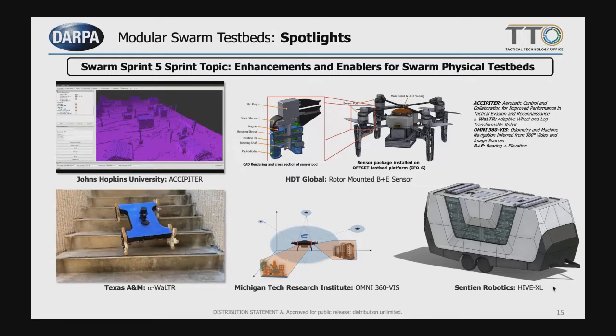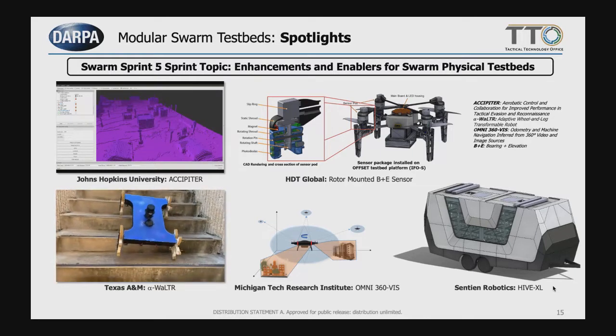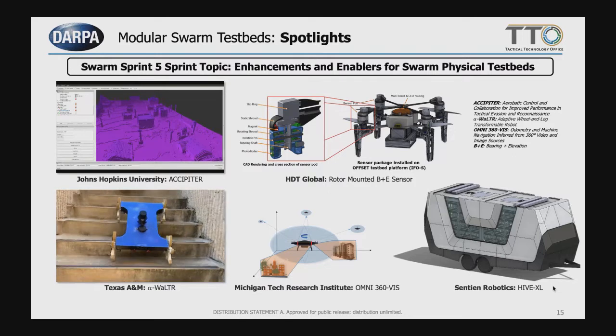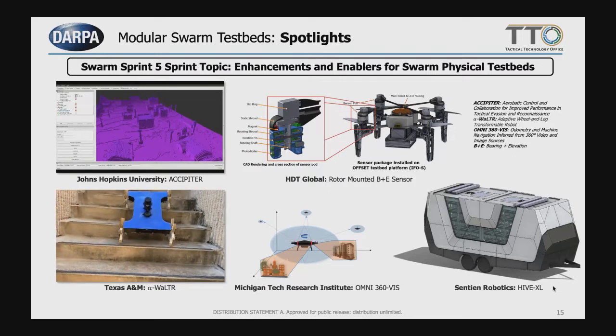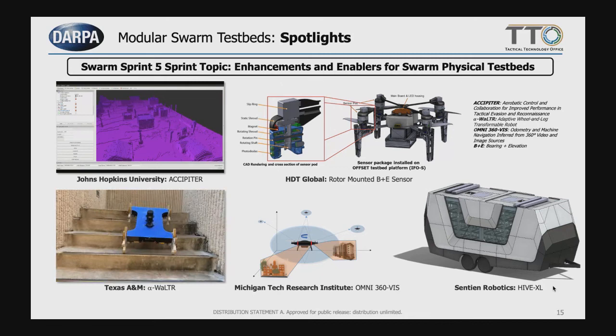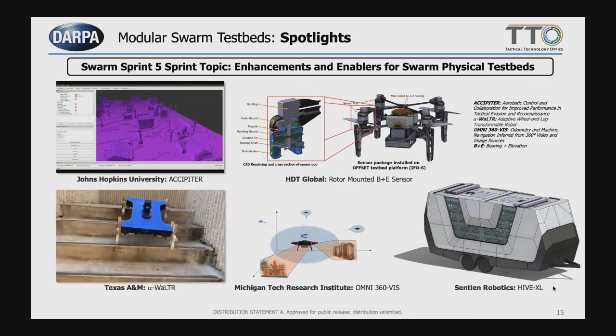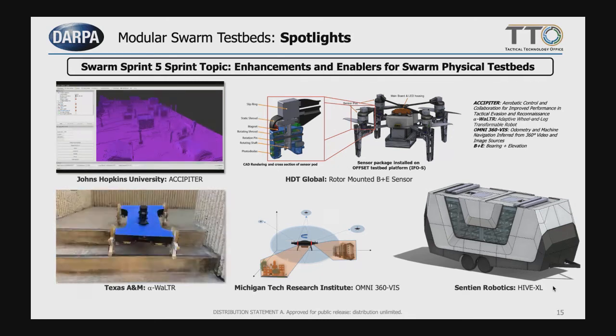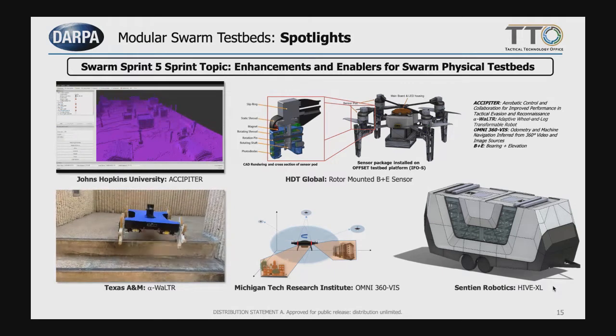The university, Texas A&M, developing hybrid wheels that can operate nominally as wheels, but then can turn into legged mode for more rough terrain. And this is modeled off of the rovers that were used in the OFFSET testbed.